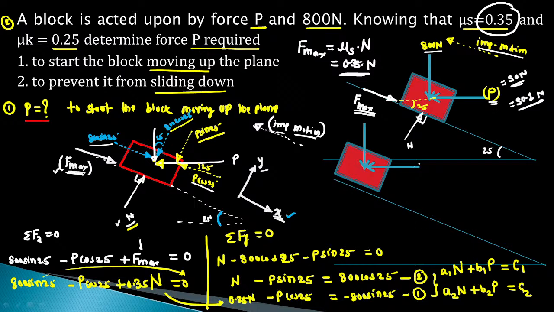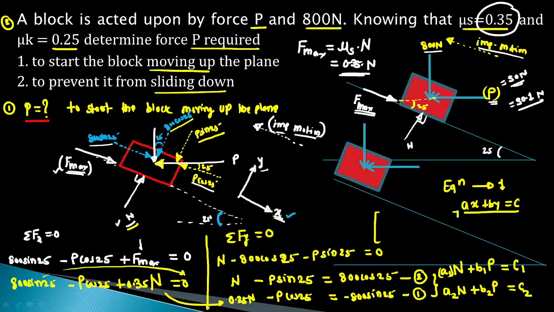In your calculator, in the equation mode, select the first equation which has the format Ax plus By equal to C, and then substitute these values. Here the coefficient A1 is nothing but 1.